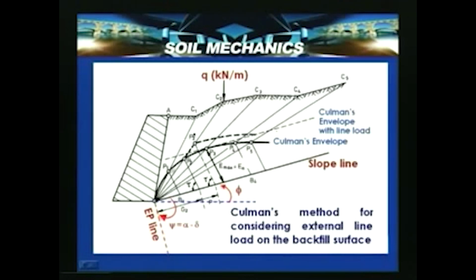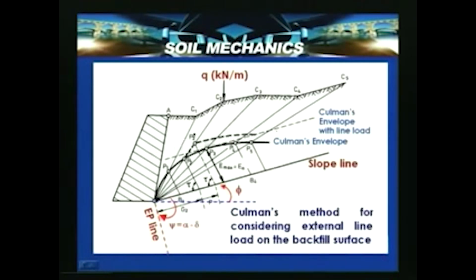When you draw, you will see that it cuts the potential trial wedge surface lines at points P1, P2, P3, P4 and P5, and at the point where this load is there, that hump will be caused, because of accounting for that load. Subsequently you need to consider that load, but for a wedge, for example here, we need not consider the effect of this particular load; only at this point when you consider it, and then subsequently, the envelope changes.